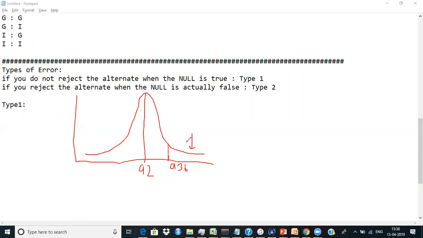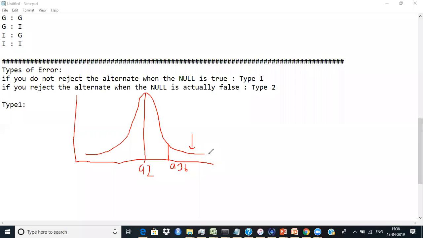But that does not mean we are certain, because there is still a possibility that you can get a 93.6 sample with a mean of 92.